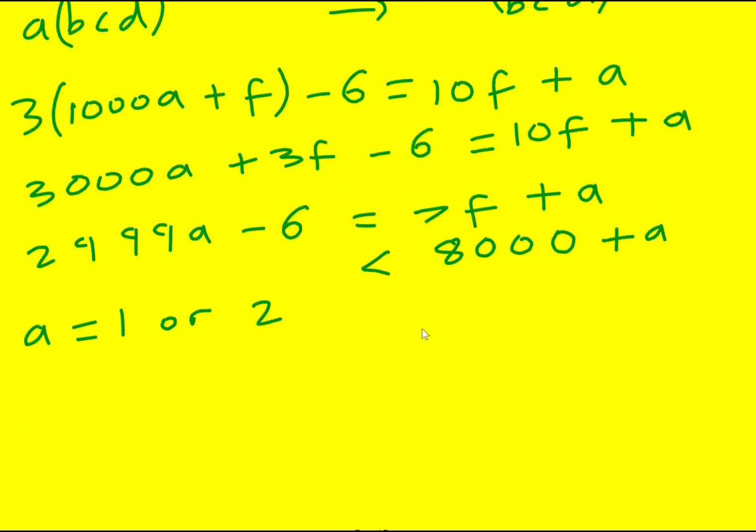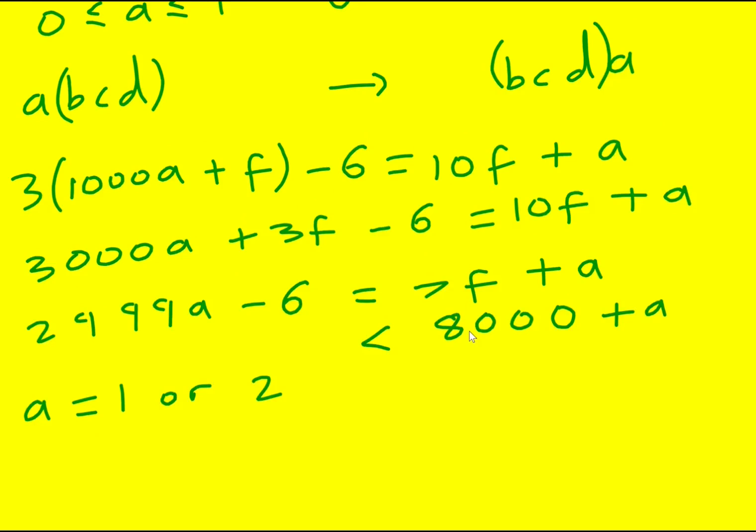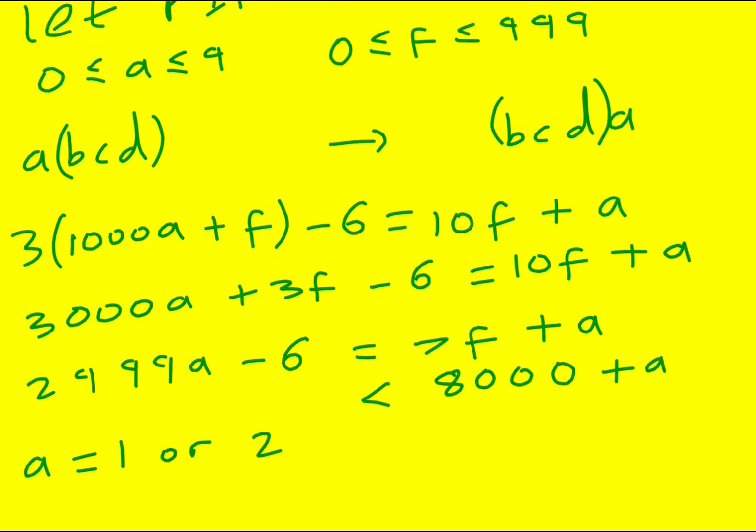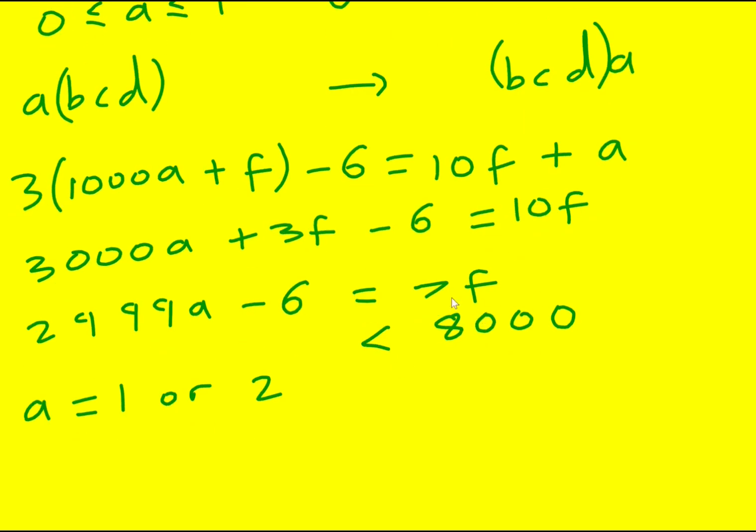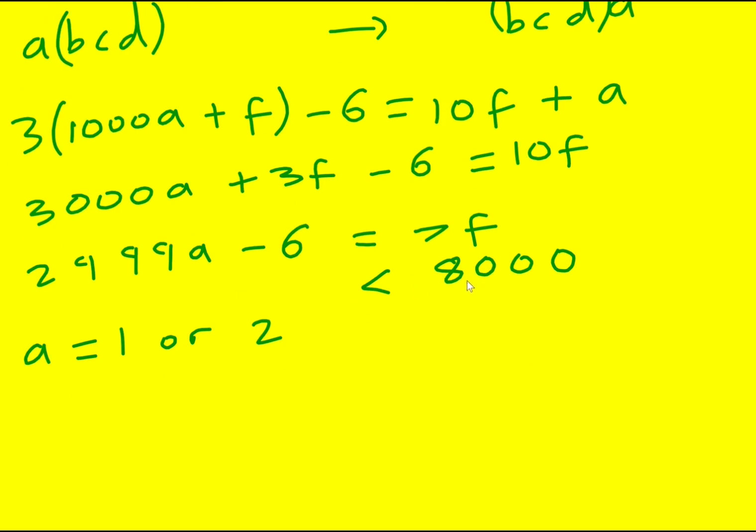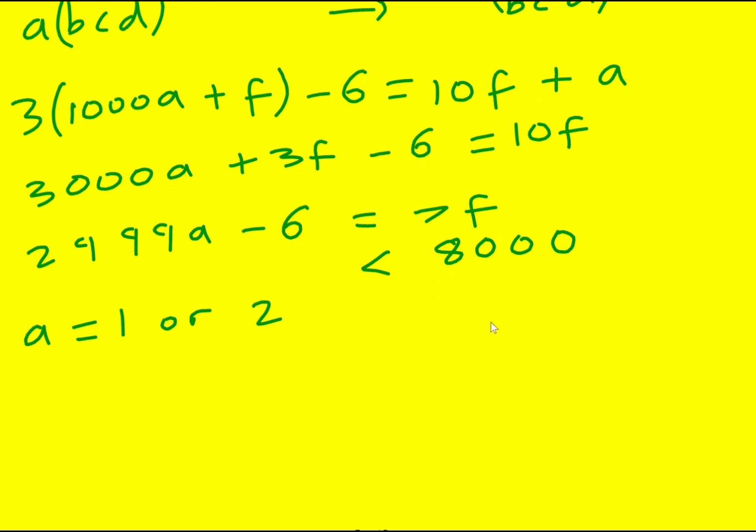Sorry, why have I still got that plus a? Apologies, that should not have been there because I minused it. It's a lot neater then. So I minus the a to give 2999a and minus 6. This is all good. F is between 0 and less than 1,000. So this whole thing is less than 8,000 for sure. So a has to be 1 or 2.